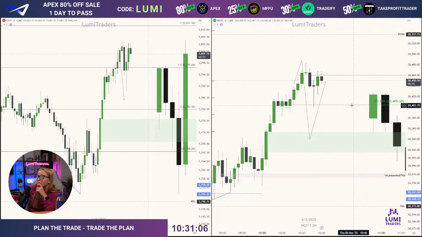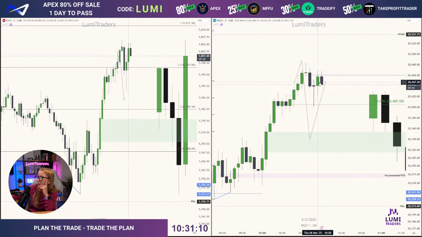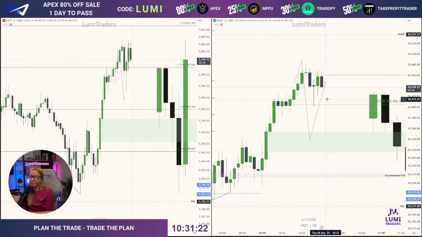But it's hard to believe they don't want to retrace from our fair value gap, honestly. If you may respect 2-minute bearish fair value gap, I may actually try to short with small size. If not, then not.